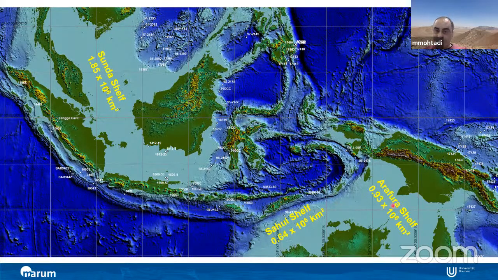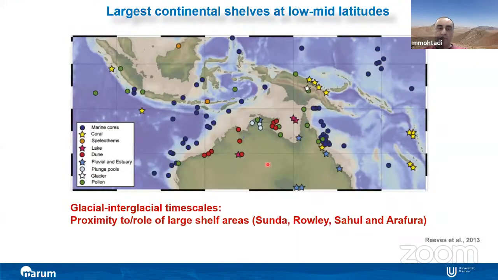And these are important because if you look at the proxy-based reconstructions from this region, and this is a compilation by Jessica Rees and others from 2013, not really up to date, it just showcases how close many of those sites are to these shelf regions.